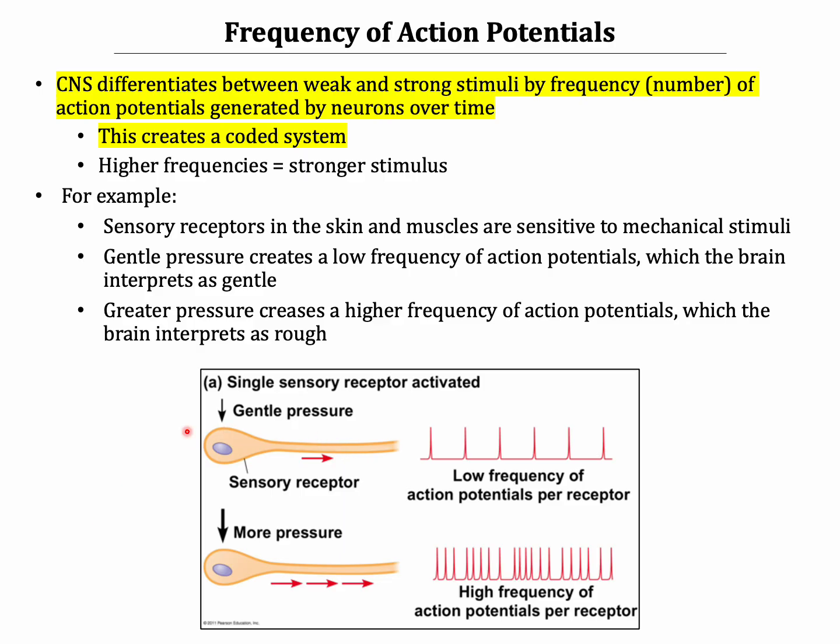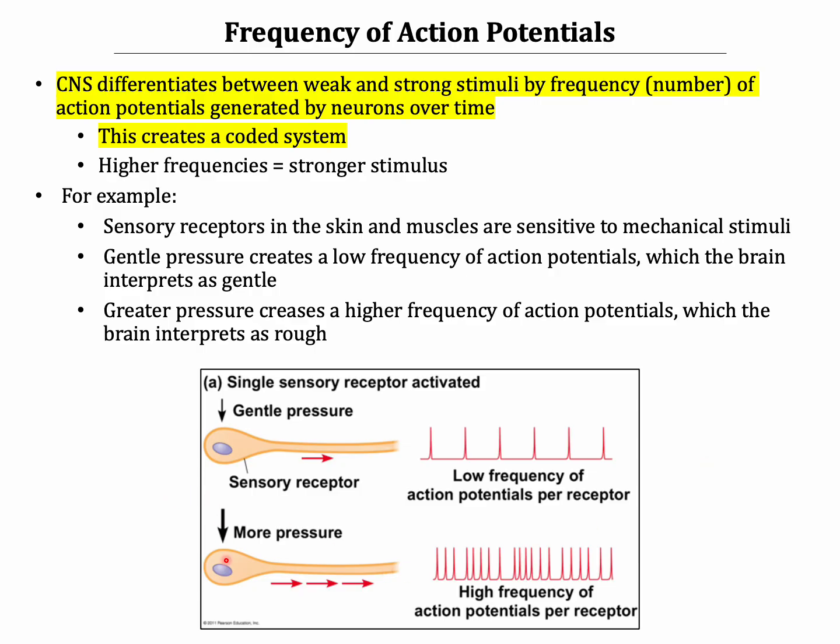So, say down below here, we're looking at a touch sensory receptor and we're comparing gentle touch from more pressure or a deep type of touch being applied. Gentle pressure is going to cause minimal changes in membrane potential and generate a lower frequency of action potentials. So it's like touch, touch, touch going to the brain.